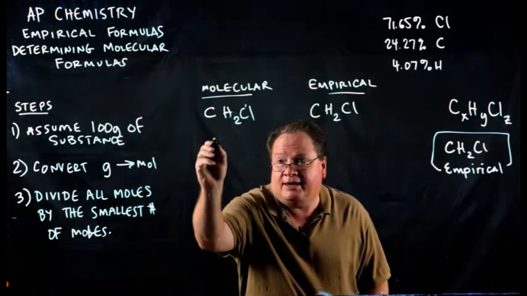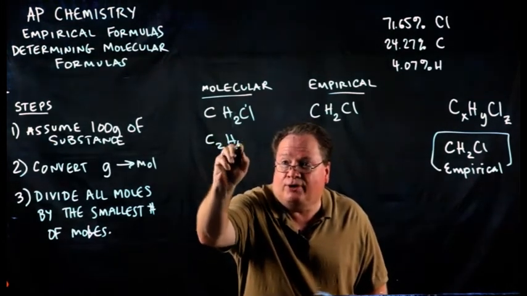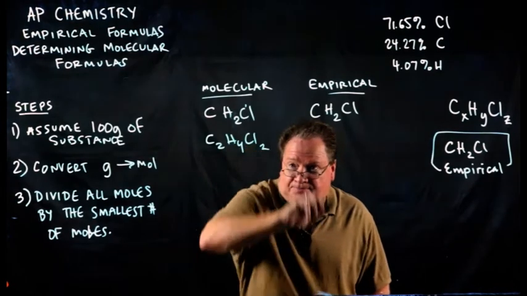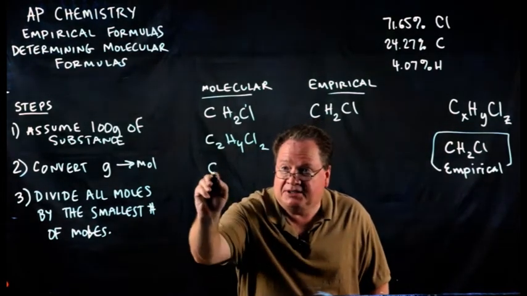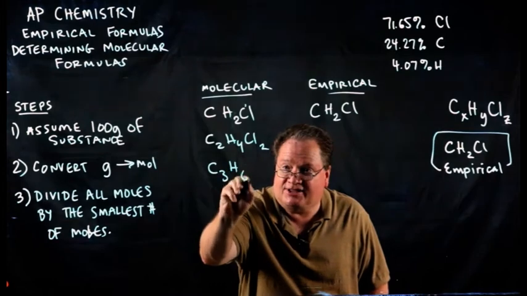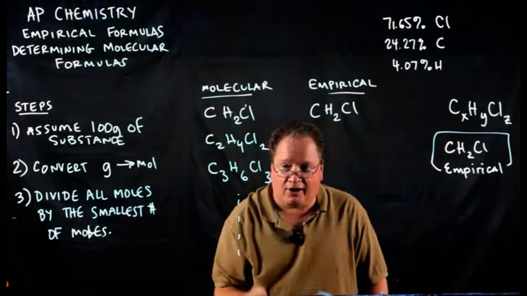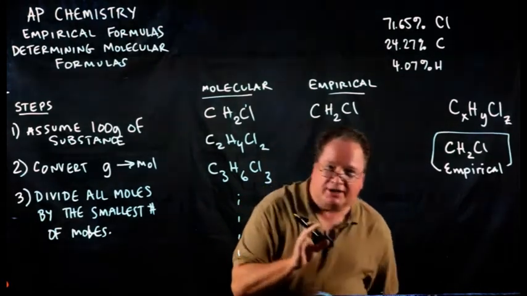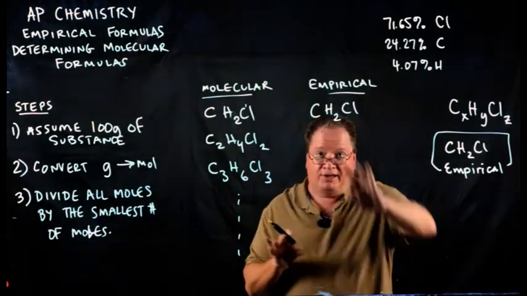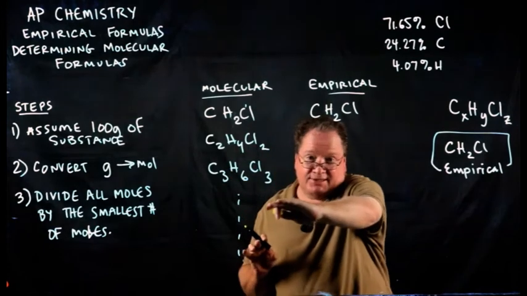But it could also be C2H4Cl2. It could be C3H6Cl3. And I could go on and on and on. But I want you to notice that there is a relationship between this and each of these.